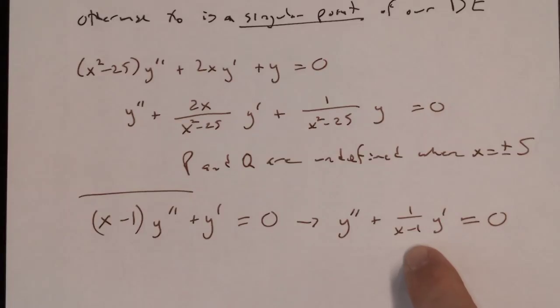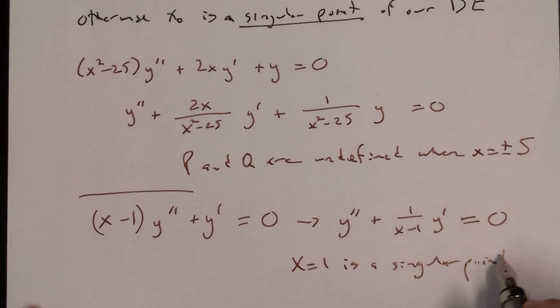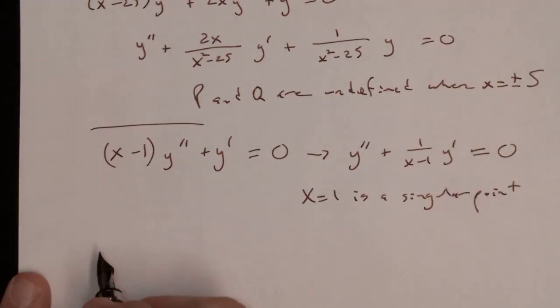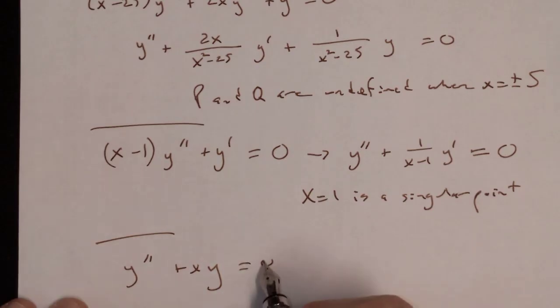So 1 is a singular point. Even though it's only a problem with one of the two functions, it's still a problem. Not every differential equation will have singular points. This has no singular points.